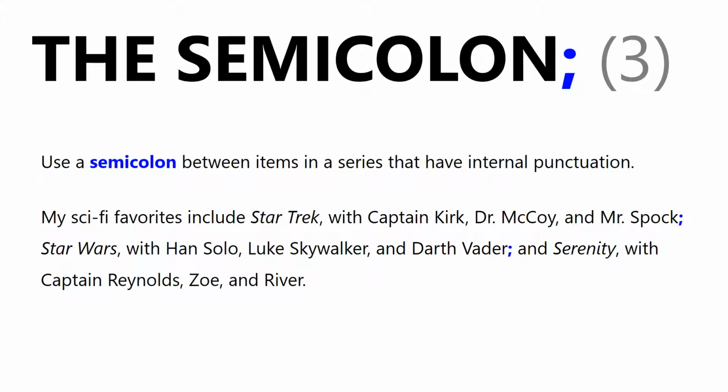And Serenity, comma, with Captain Reynolds, comma, Zoe, comma, and River. Each item in this series is filled with commas. If we were to use commas to separate each item, then it would be very hard to tell where each item began and ended. So instead we use semicolons between the items to clarify things.